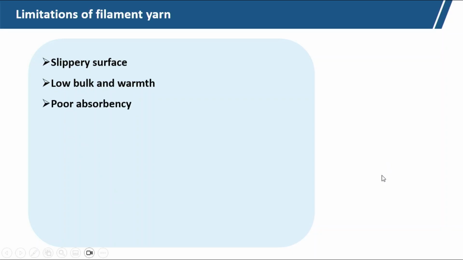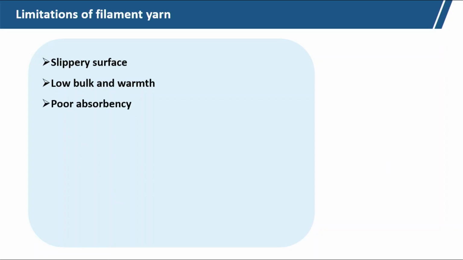Now, the limitations. Slippery surface, low bulk and warmth, because in staple fiber yarn, due to the presence of the pores, the warmth is high because of the higher thermal resistance of the still air.